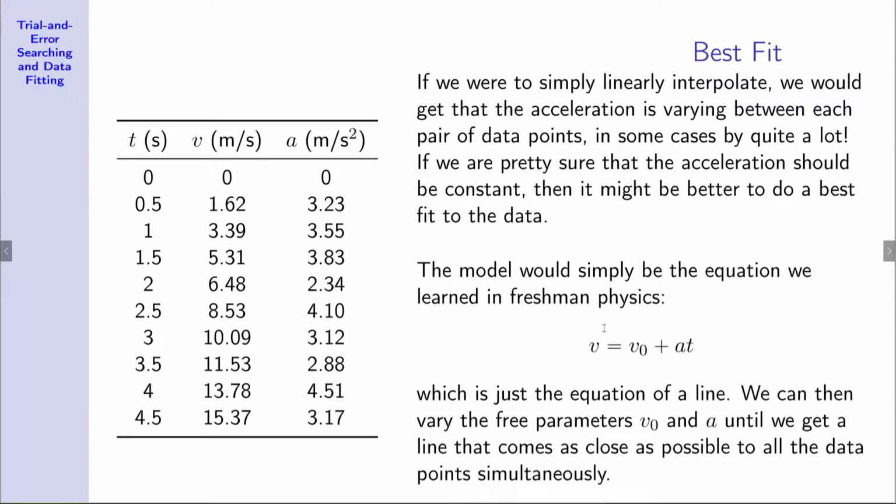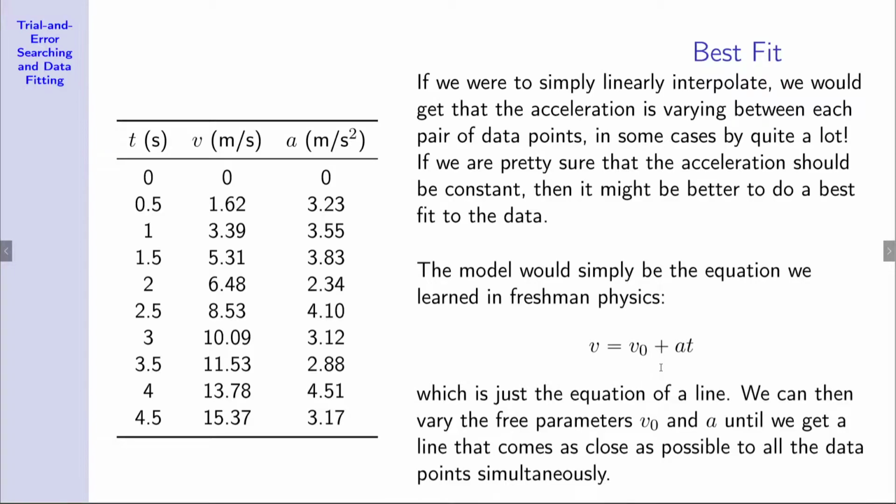So in this case, we have a very simple model, right? Our speed as a function of time is whatever the initial speed is, plus our acceleration times the amount of time. So we have just the equation of a line, right? So the acceleration is our slope, t is our independent variable, v is our dependent variable, and v0 would be our y-intercept.